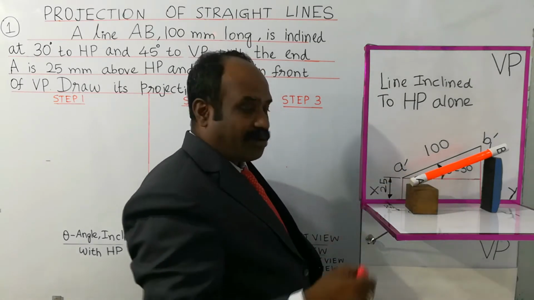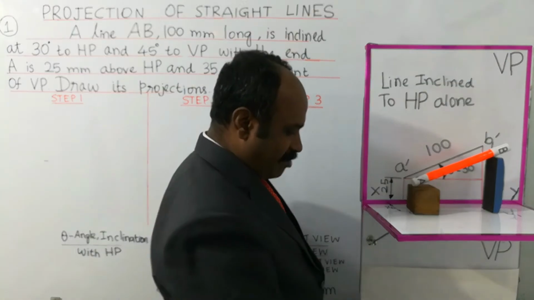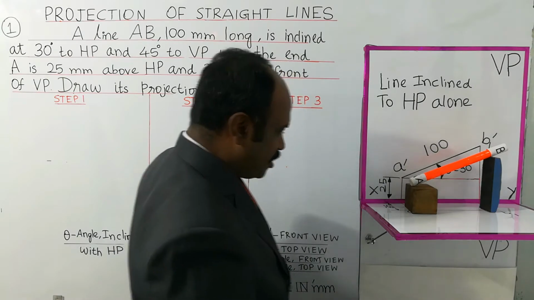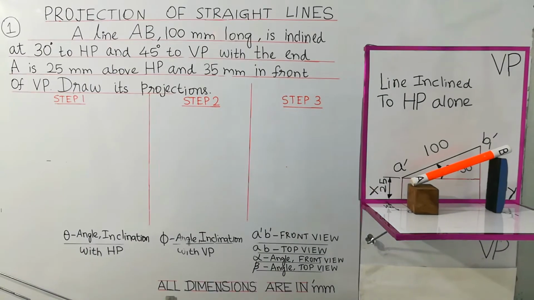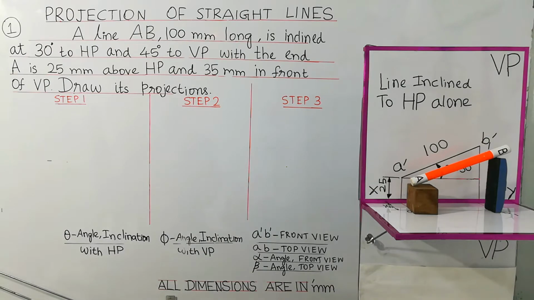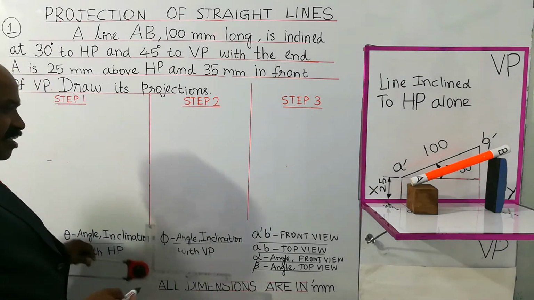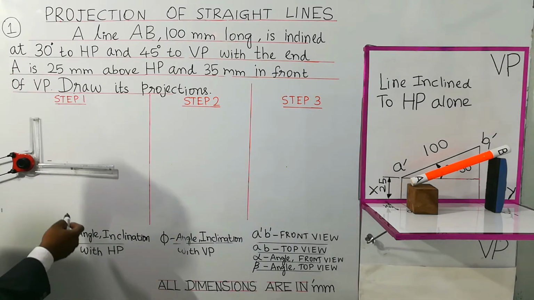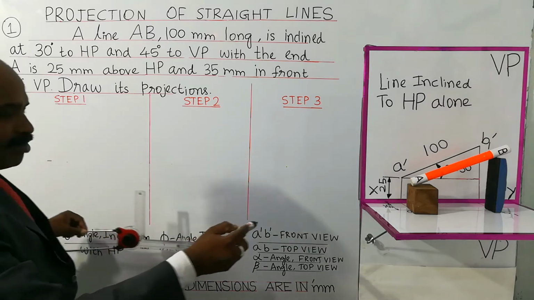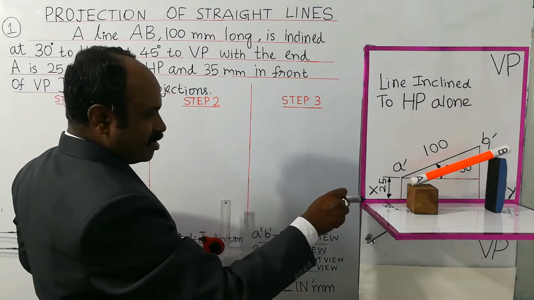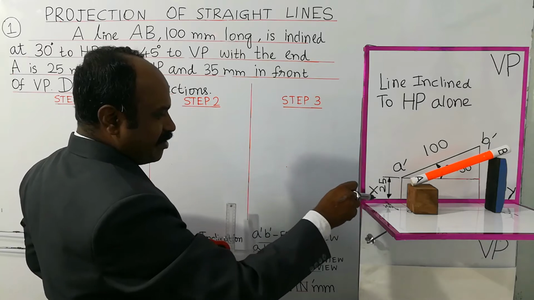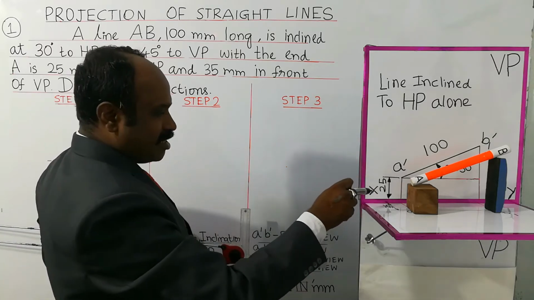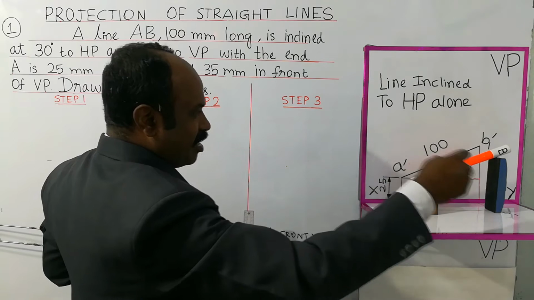After projecting the end point A, that can be indicated in the diagram. Take your drafter scale and draw the reference line called the XY line, which connects the vertical plane and the horizontal plane. This pink line is the reference line, called the XY line, connecting the vertical plane and the horizontal plane.